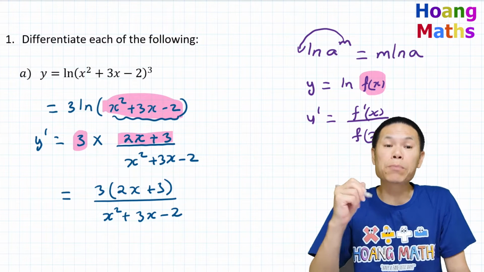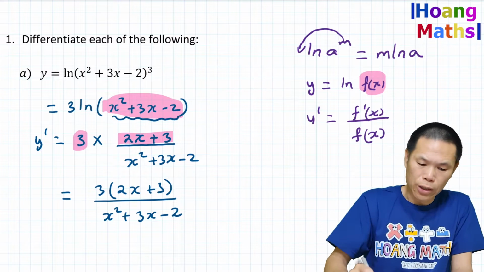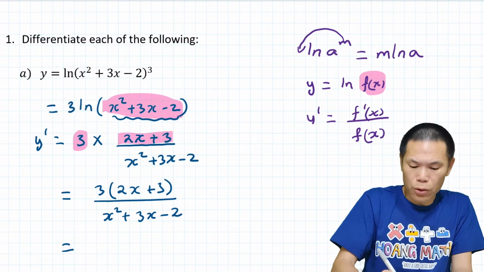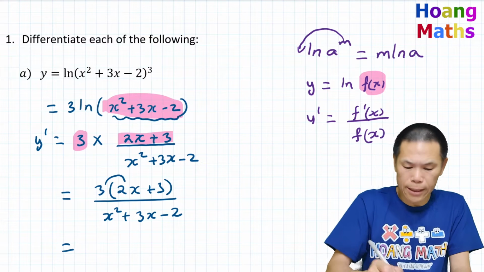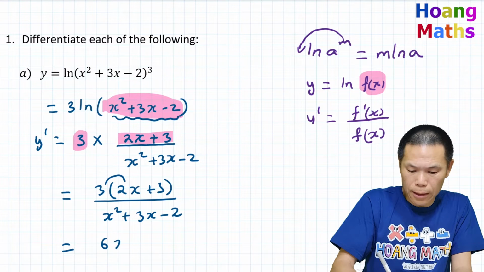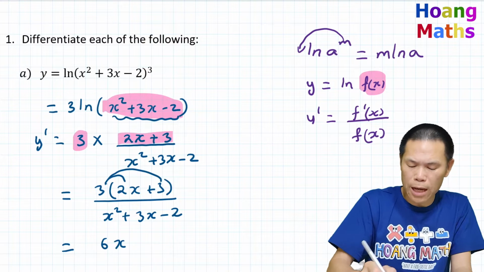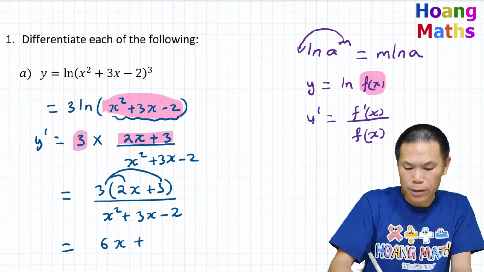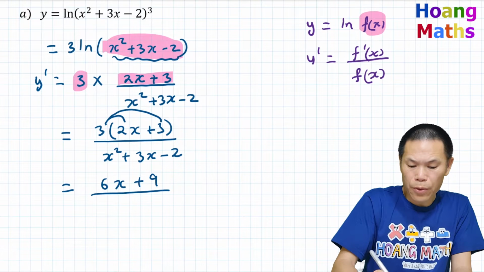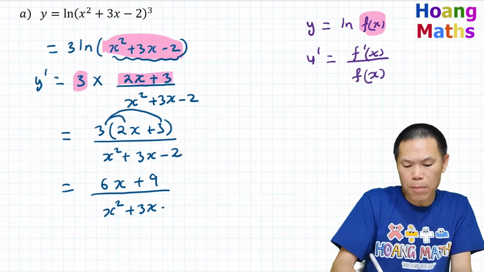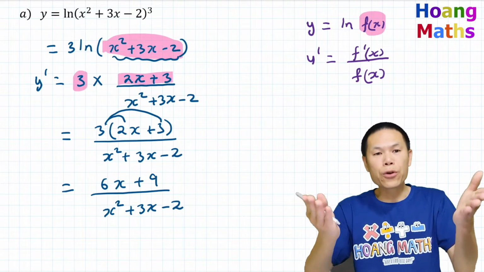Let me just expand the brackets out. 3 times 2 is 6, so the answer is 6x, and 3 times 3 is 9, so we add 9, over x squared plus 3x minus 2. There you go.